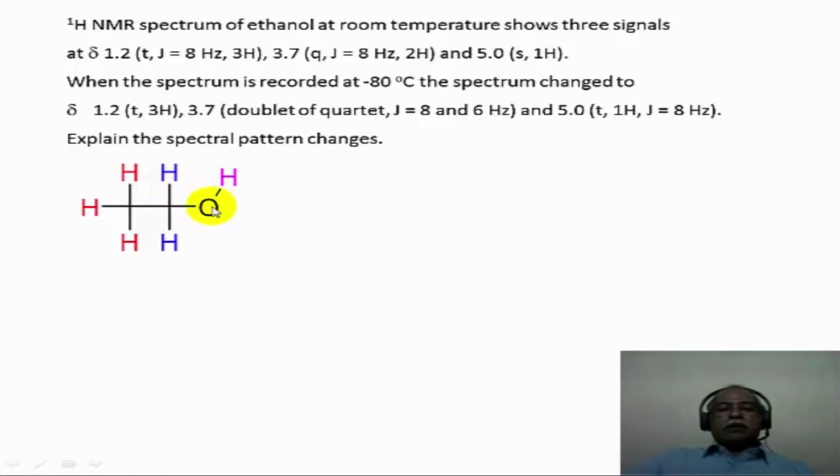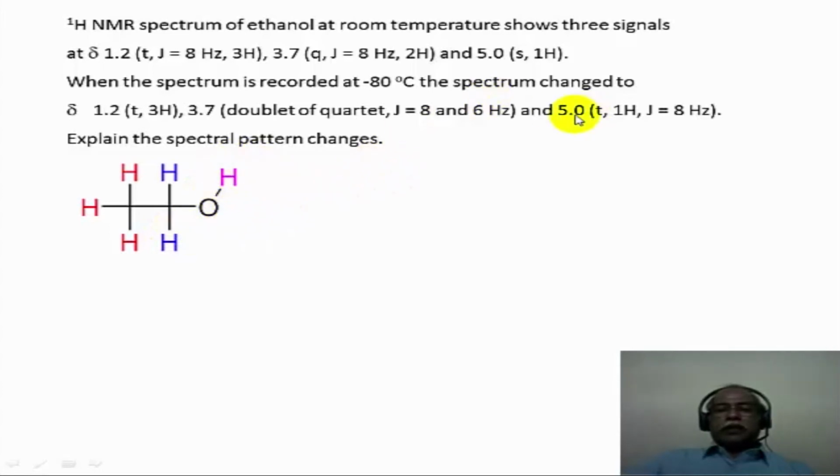So this OH and CH2 coupling constant is different from the CH2 CH3 coupling constant. One is 8 Hertz, the other one is 6 Hertz. So one sees a doublet of a quartet for the methylene when the spectrum is frozen at minus 80 degrees. In other words, the exchange process is frozen or slowed down considerably at minus 80 degrees. Even more interesting is this OH hydrogen, which is now coupled to the methylene, is mutually coupled.